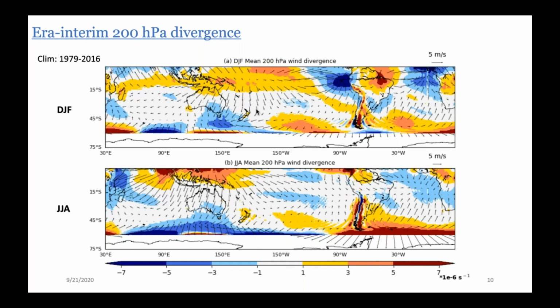The seasonality here is also the same: in DJF they are stronger in local summer, and the area is bigger with the convergence and divergence zone, whereas in June, July, August, in winter, it moves toward the Northern Hemisphere, and there is not that much stronger divergence at 200 hectopascal. So our hypothesis is that the change of the upper-level divergence wind and the wind vector associated with it influences the Southern Hemisphere large-scale circulation, which also influences the anticyclone in the subtropics in the Southern Hemisphere.